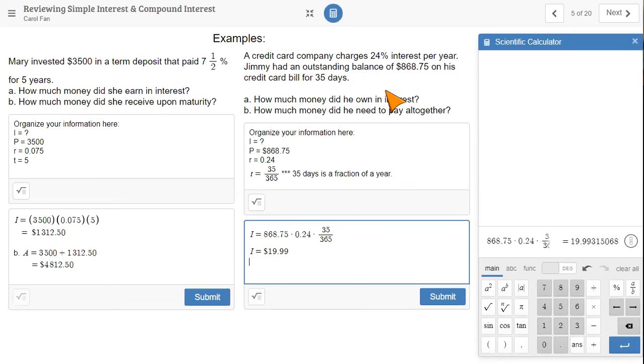Okay, so in addition to what he owes the credit card company, he has to pay an additional $19.99. So our final amount, 868.75 plus 19.99.